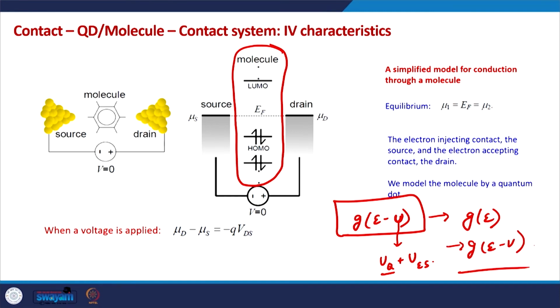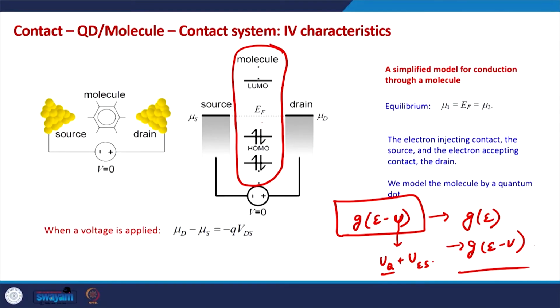And invariably, once we apply any positive voltage on the drain side, there will be a mismatch in the Fermi levels. So the source will try to fill all the electronic states in the molecule up to the source Fermi level, and the drain will try to fill the electronic states in the molecule up to the drain Fermi level. And in that competition between the source and the drain contacts, there might be a steady state current, which means that the number of electrons in the molecule might change.